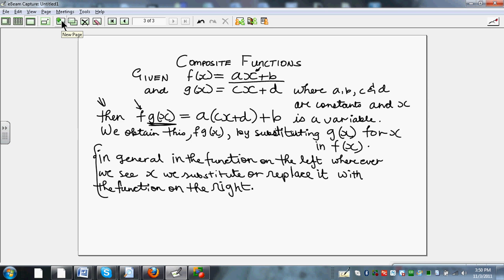So we'll take out x, and instead of x, we'll put in what g of x is. g of x is cx plus d. So this will be a, and instead of x, we'll put cx plus d, plus b, which is what we have here. a, cx plus d, plus b.